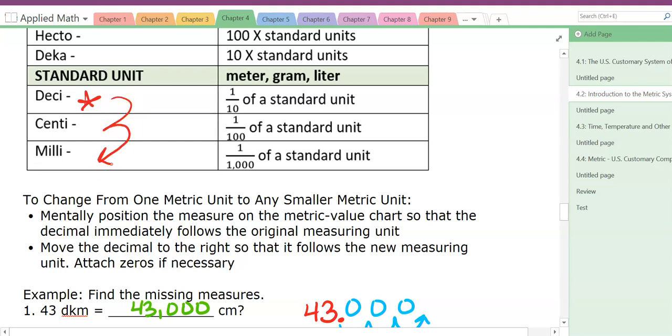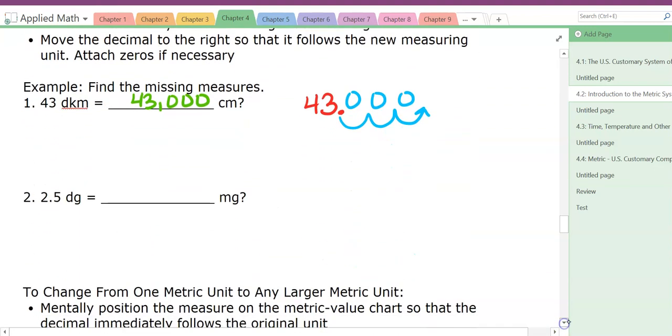So I got to move the decimal 2 places to the right. So I've got 2.5. I move it 1, 2 to the right. How many zeros do I need to attach for this one? Just 1. So it should be 250 milligrams.